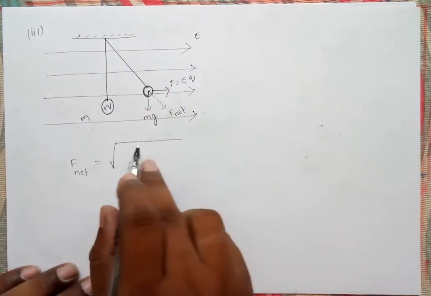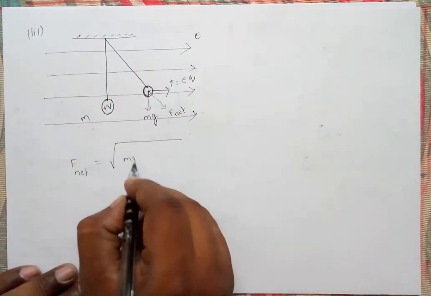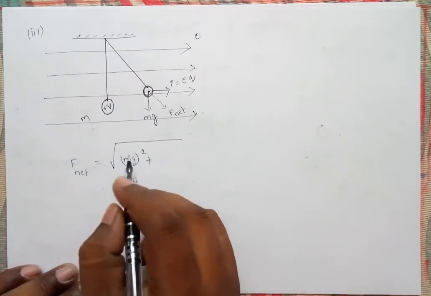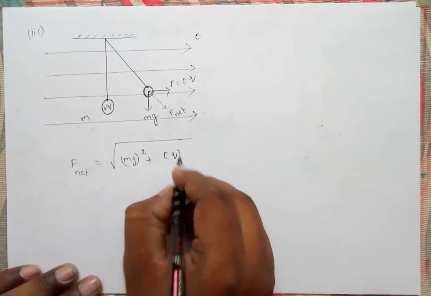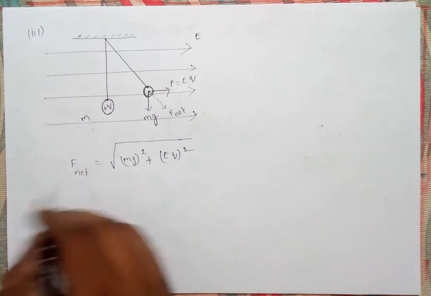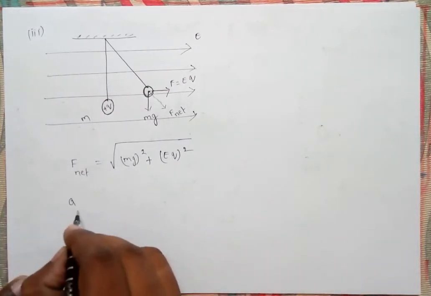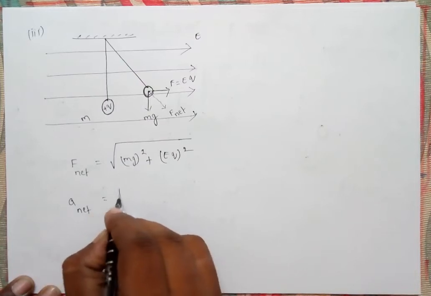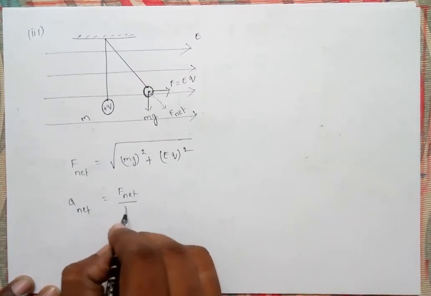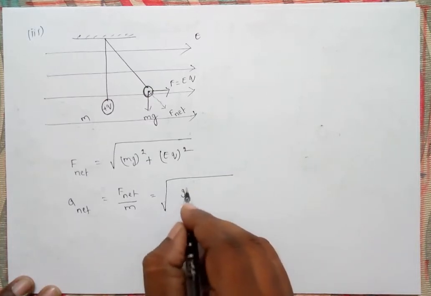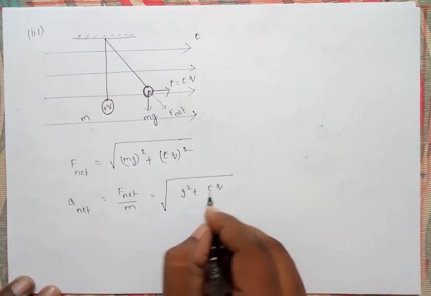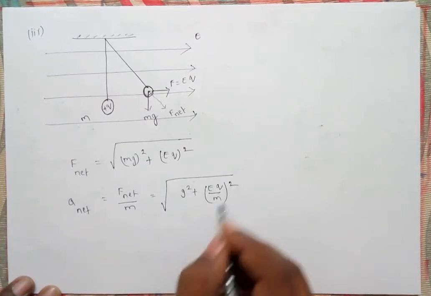In the same way here, (mg) square plus (EQ) square. Therefore, we want the net acceleration, so A net is F net by mass. Then you will get the square root of g square plus (EQ by m) whole square.